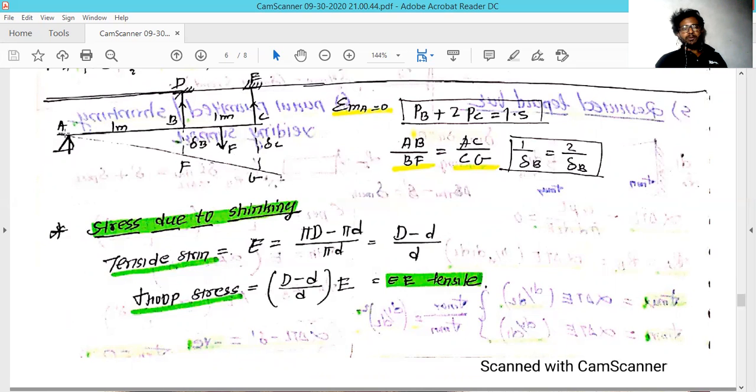So if you take the moment about A, I have taken the notation PB.